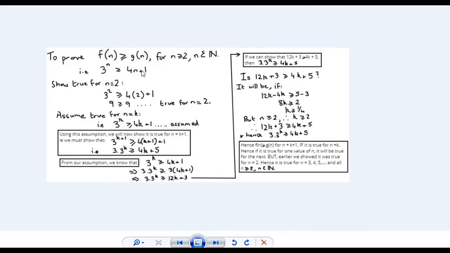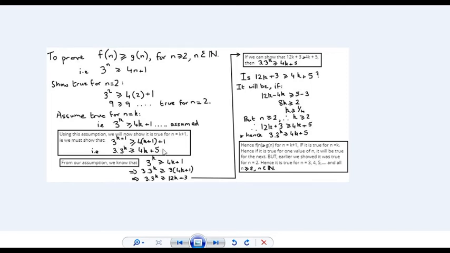Again, I'm just replacing n with k plus 1. Now that can be broken into 3 by 3 to the k, using a law of indices. So our job is to show that 3 by 3 to the k is greater than or equal to, and just multiplying this out, 4k plus 5. So our job now is to show that that is true.